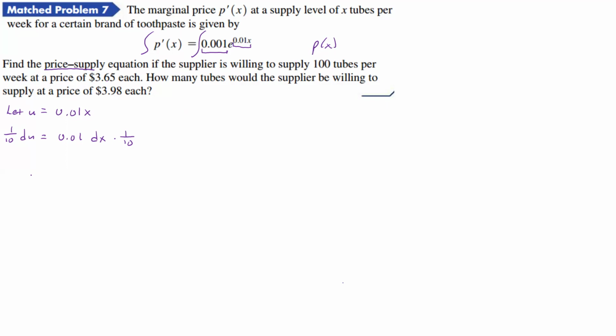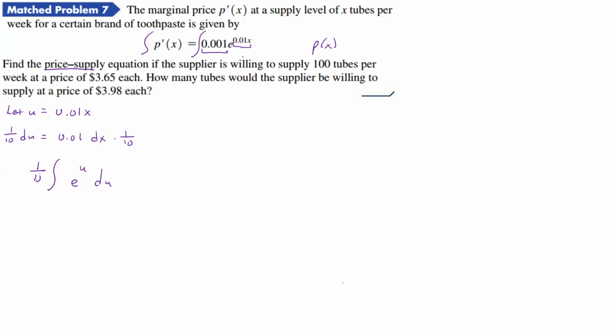All right, so with that said, let's just worry about the right side, because when I take this indefinite integral, I know I'm going to get P of x. But what am I going to get on the other side? Well, I'm going to get 1/10 times e to the u, and then it's going to be just du because I've multiplied by that 1/10. That's 0.001 dx.